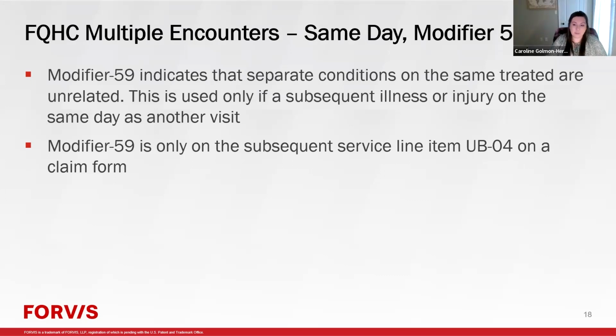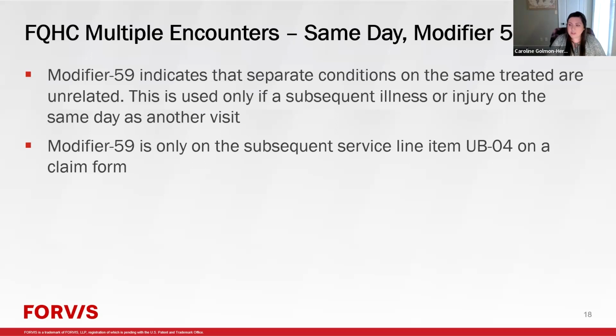So you should only report modifier 59 for a subsequent injury or illness. You wouldn't use modifier 59 when a patient sees more than one practitioner on the same day or has multiple encounters with the same practitioner on the same day, unless the patient, subsequent to the first visit, leaves the FQHC and then suffers an illness or injury that requires additional diagnosis or treatment on the same day.